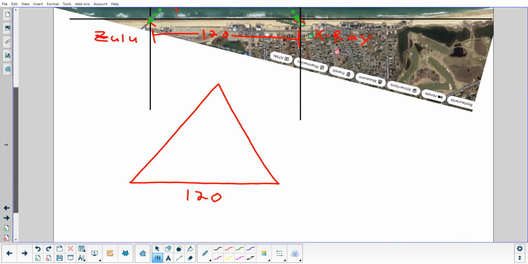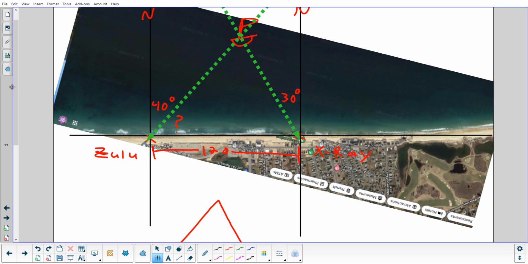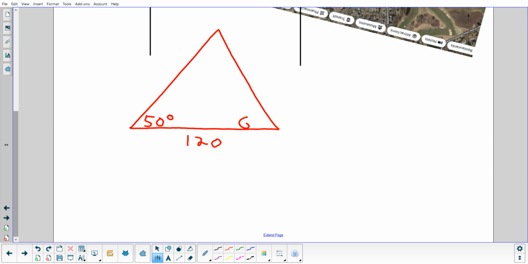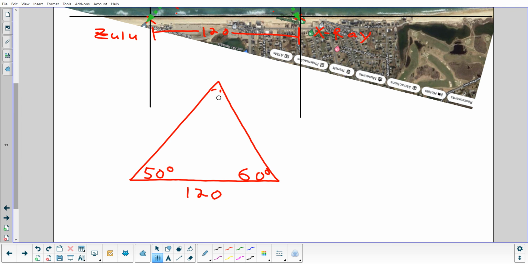Yeah, that angle's 50. I don't really care about the angle outside the triangle. I need the one inside. How about that one? Yeah, 60. Now, how about that one? Because the key is I need the angle across from the side that I know. Yeah, 70, because they all have to add up to 180.